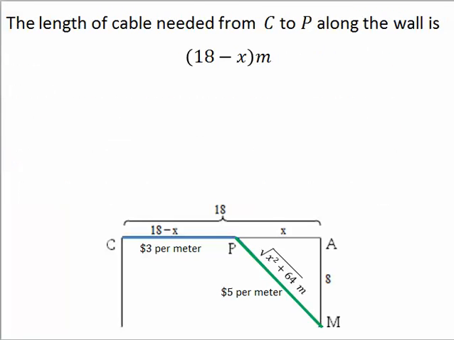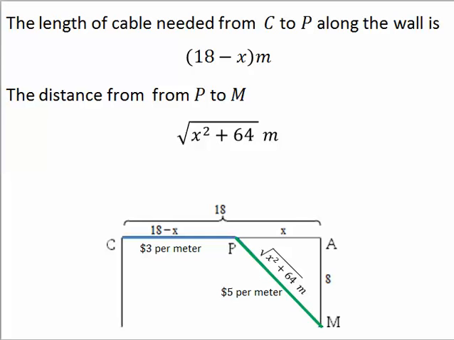If X is the distance from P to A, then the length of cable needed to run from C to P along the wall is 18 minus X. And the length of cable needed to run from P to M is the square root of X squared plus 64.